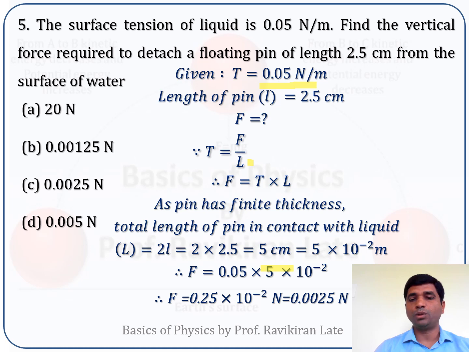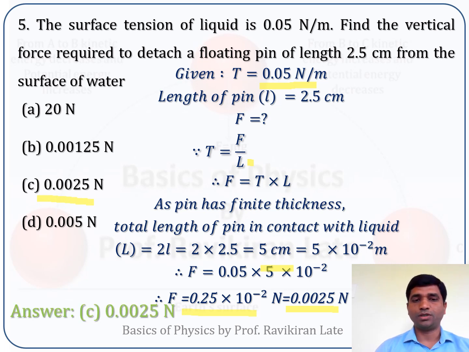If I do this simple multiplication, this comes out to be 0.25 into 10 raised to minus 2 Newton. The options are not in terms of powers of 10, so I have to convert this 10 to the power minus 2 into decimal. I have to shift by 2 decimal places, so it is 0.025 Newton. So your correct answer in this case is option C, 0.025 Newton.